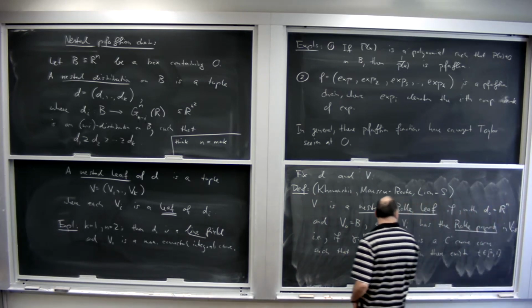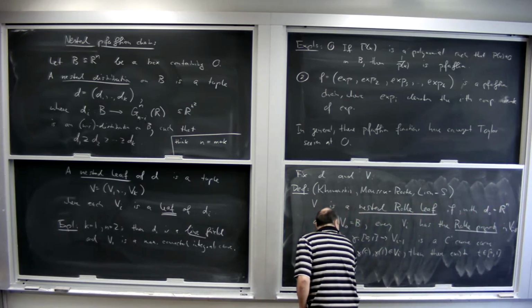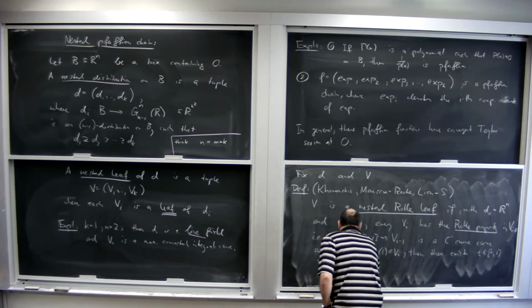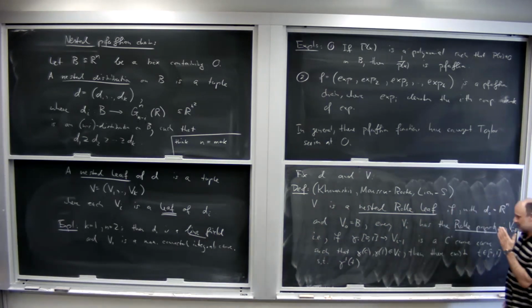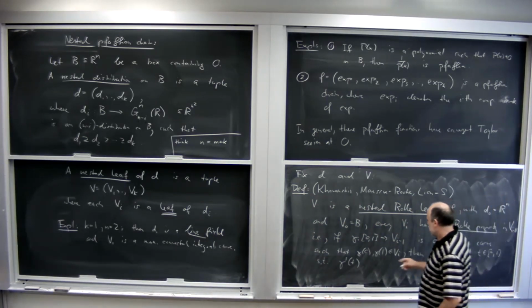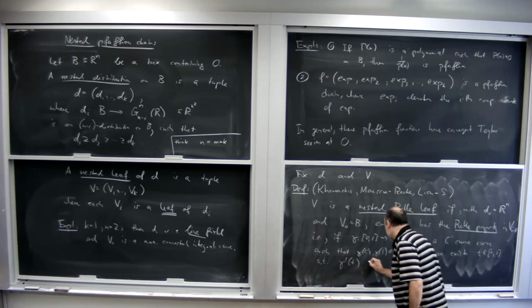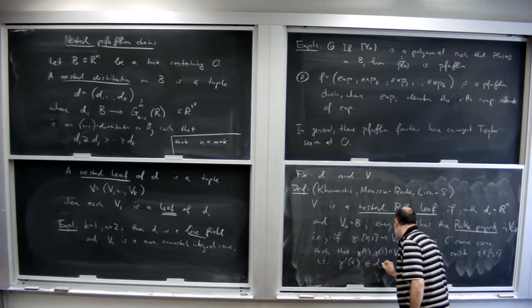So what does tangent mean? There exists such a t where the tangent vector gamma prime of t belongs to the space defined by D_i at the point gamma of t.